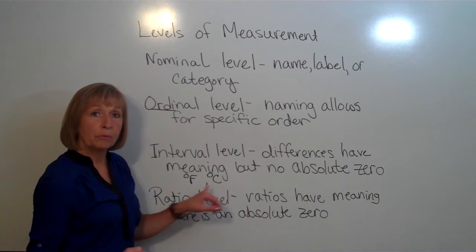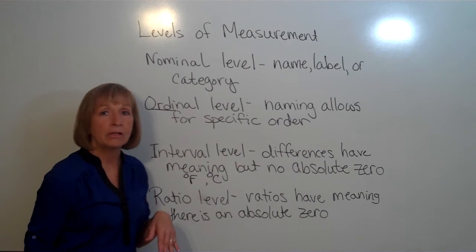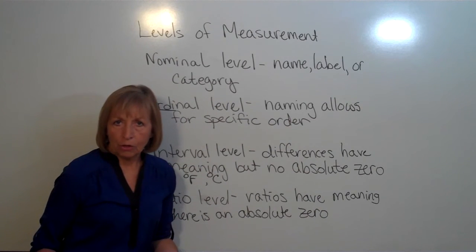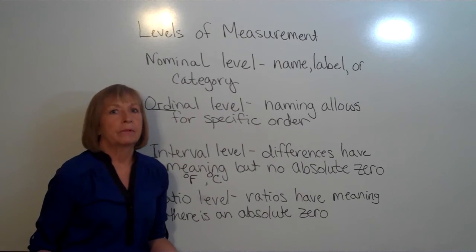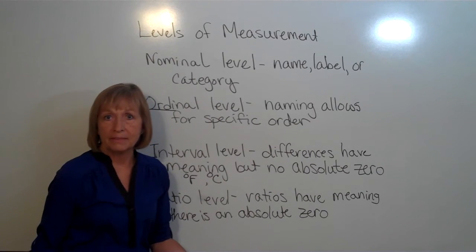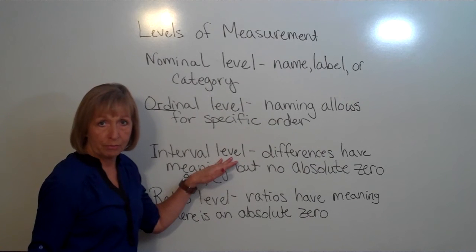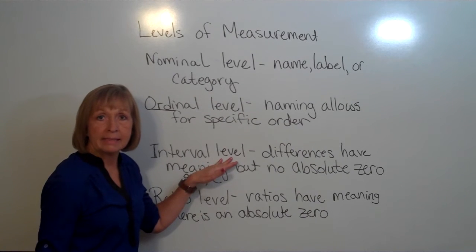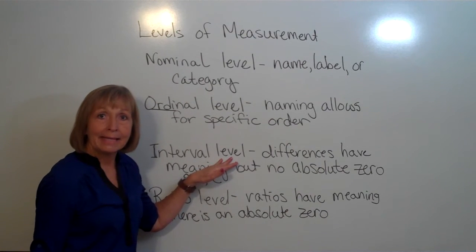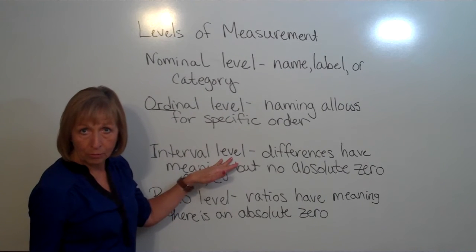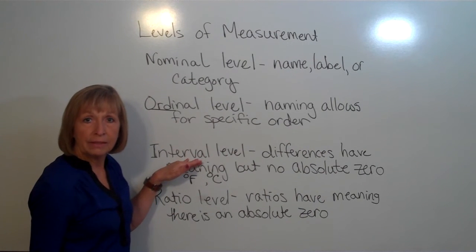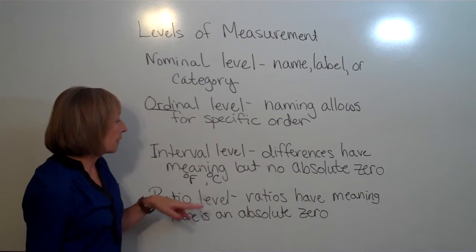Those would both be examples of your interval level, because you can go below zero with your Fahrenheit. When we're in the winter time, we sometimes see that it's 15 degrees below zero. So if you have a measurement where differences make sense, but it has an entity that can go below zero, that's how you know it's an interval level.